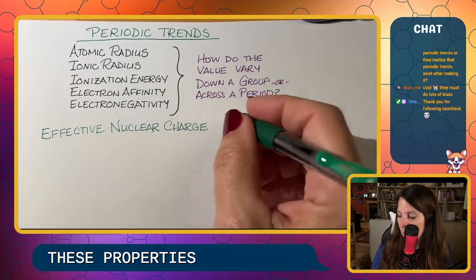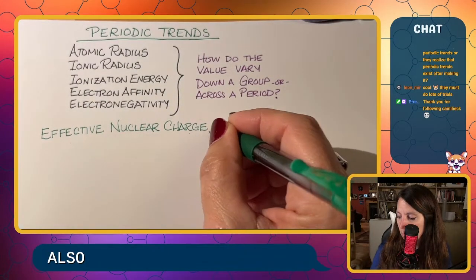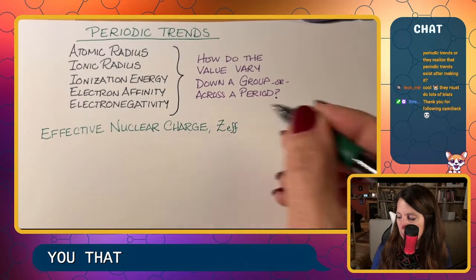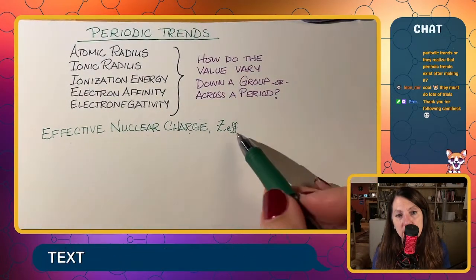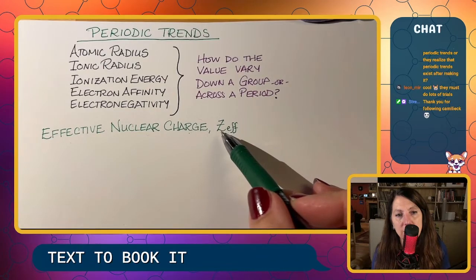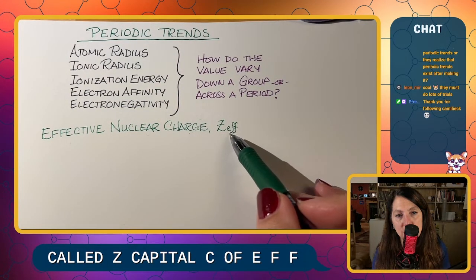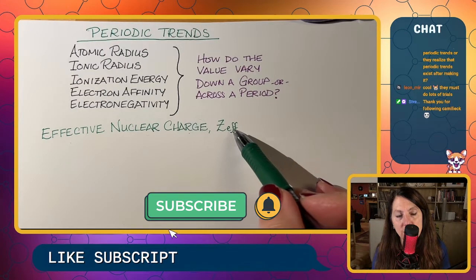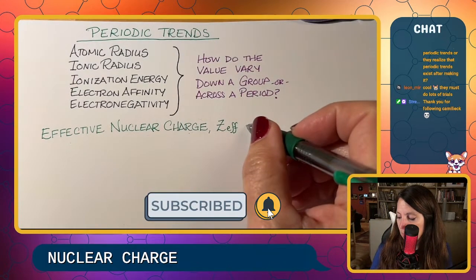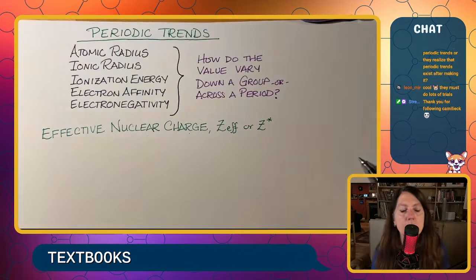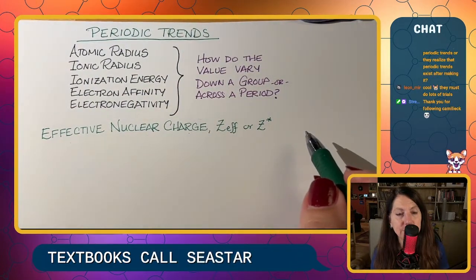Also, I wanted to just tell you that depending on your textbook, it might be called Z, capital Z, subscript EFF, effective nuclear charge. Some textbooks call it Z star.